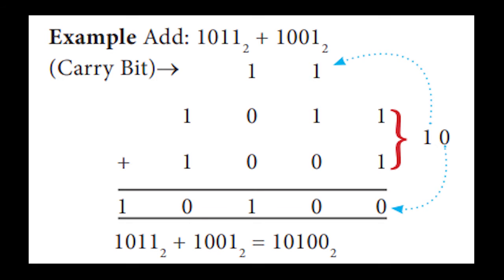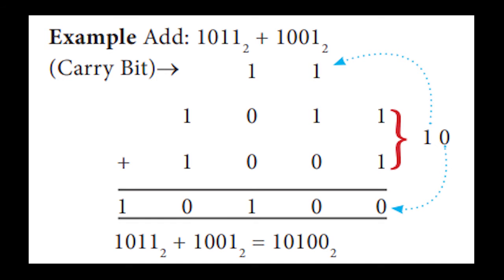This is the way to add binary numbers. If only zeros are there, the answer will be 0. If 1 and 0 are there, the answer will be 1. If 0 and 1 are there, the answer will be 1. If both are 1, the answer will be 10, right? So 0 will be the sum and 1 will be the carry.